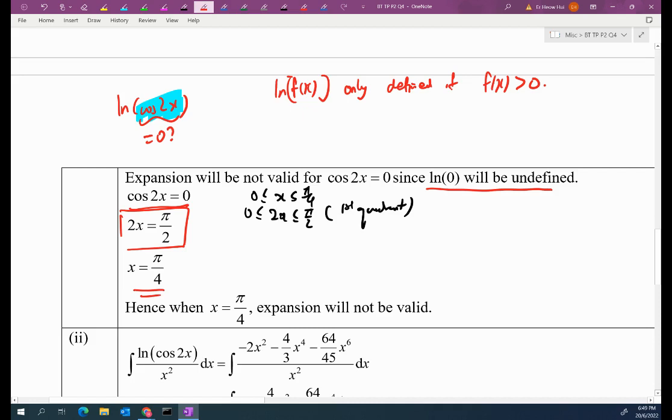So this means that the expansion is not valid when x is equal to π/4. It also means that there is no way your Maclaurin expansion could be used to find an approximation for this function ln cos 2x when x goes to π/4.